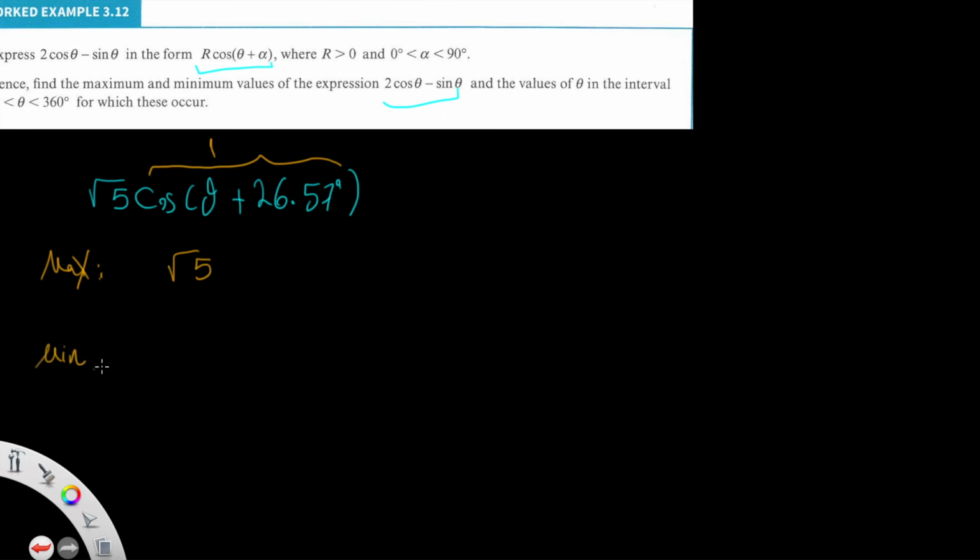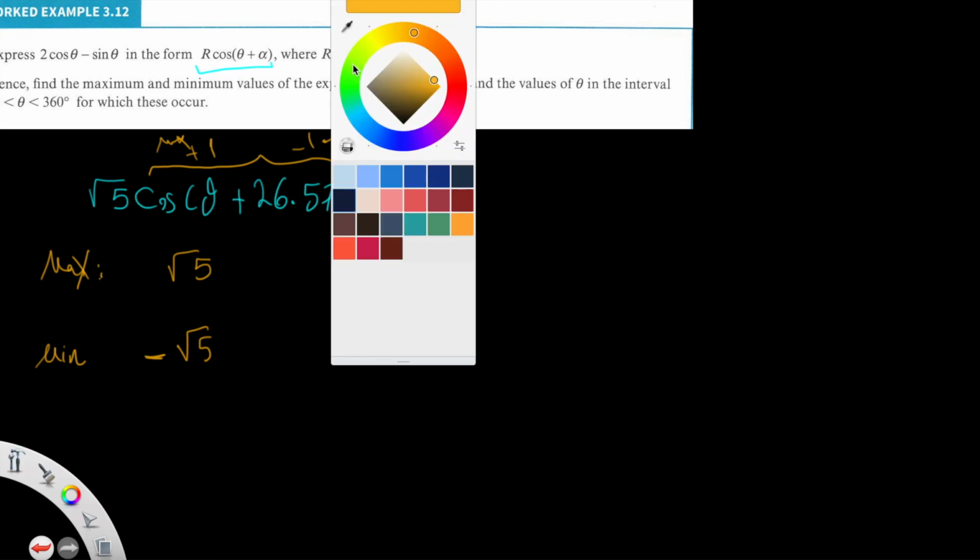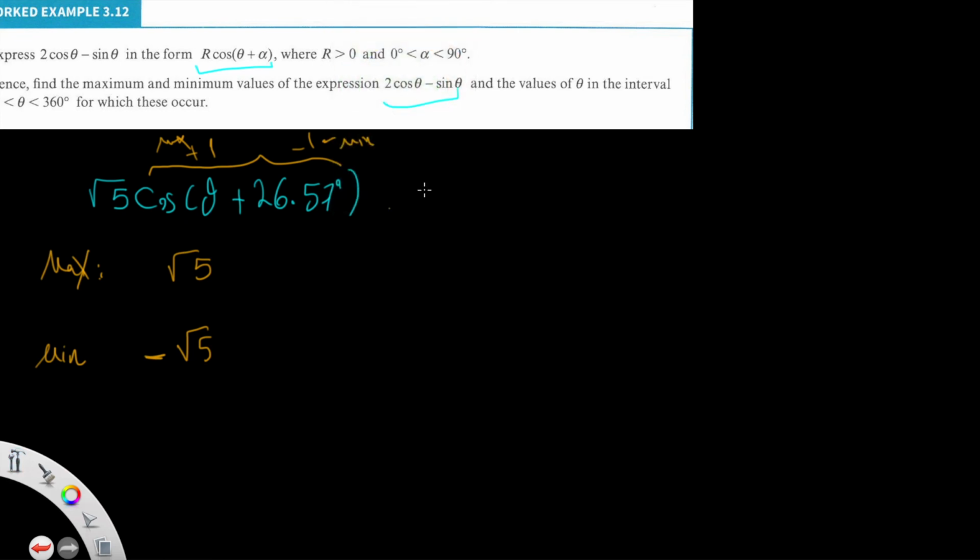And for the minimum, cosine will take negative 1 as the lowest possible value. So positive 1 will be max and negative 1 will be min. So it will be root 5 times negative 1, which is negative radical 5. So these are the maximum and minimum values of this expression.